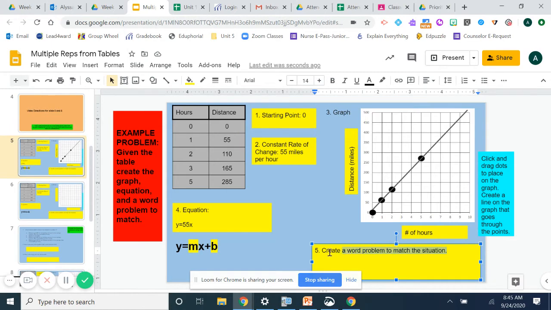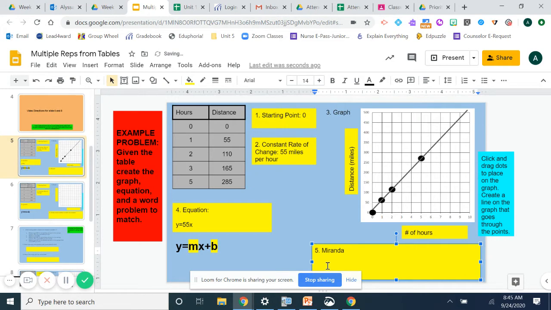So let's delete that part, and I'm going to type in a word problem. Now I'm just going to pick a name. It's any name, really. You don't have to name your person. You can just say he, she, her, him, whoever. But I'll name the person just because I want to. So let's just say this is Miranda.